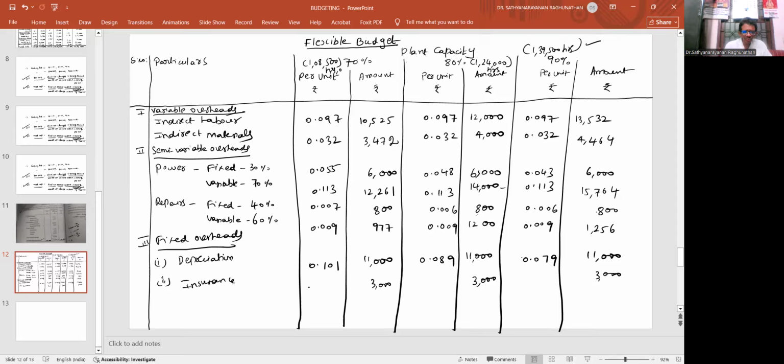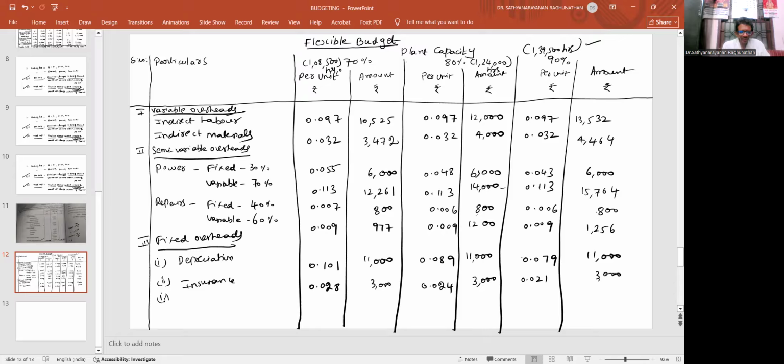Like that you can put. Use the calculator. 3,000 divided by 1,24,000. 0.024. Next, 3,000 divided by 139,500. 0.0215. 0.021. That's all.